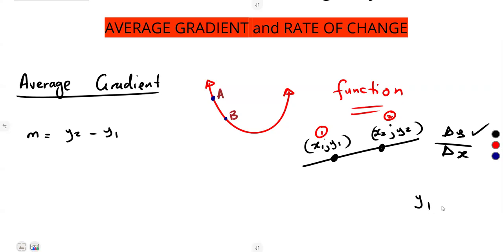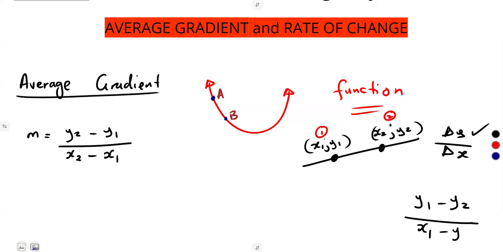Or it can be given as y1 minus y2 over the change in x, the difference between the x values. So if you start with a 2, you must also consider x2 minus x1. If you started with a 1 here, y1, therefore here it must be x1. Take note, 2, 2, this must correspond, 1, 1 like that.